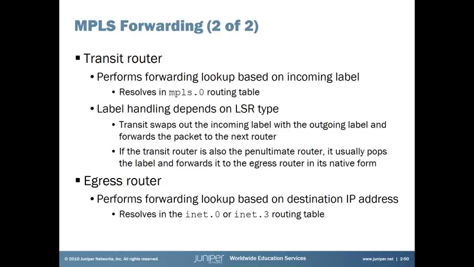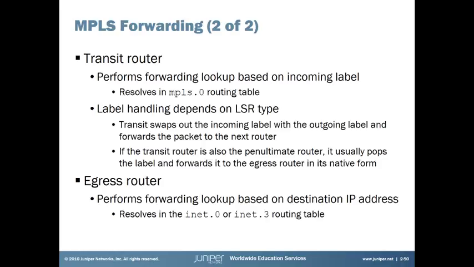So that's the only lookup that it needs to do. Label handling depends on the LSR type, so the transit router will swap the incoming label with the outgoing label and forward the packet to the next router. If the transit router is also the penultimate router, it will usually pop the label and forward the packet to the egress router without a label.